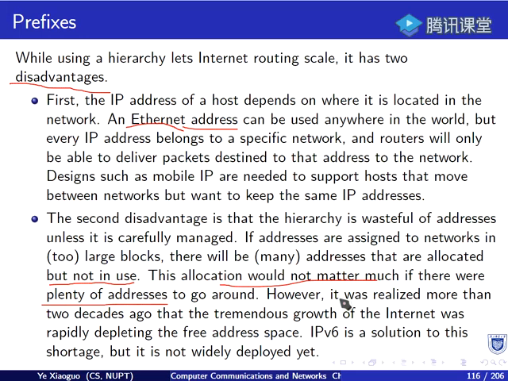However, it was realized more than 2 decades ago that the tremendous growth of the internet was rapidly depleting the free address space. IPv6 is a solution to this shortage, but it is not widely deployed yet. Actually, IPv6 is being widely deployed nowadays.